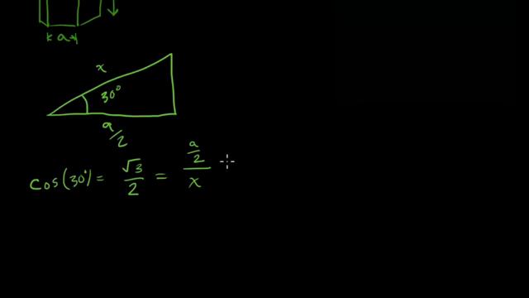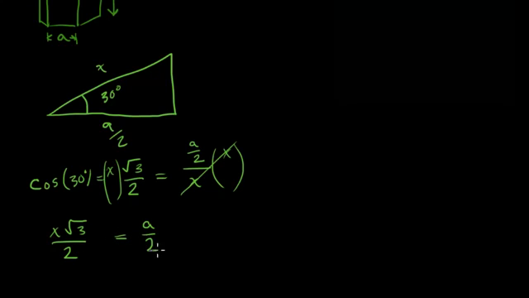Let's multiply both sides by x. Those will cancel out, and we'll get x square root of 3 over 2 is equal to a over 2.